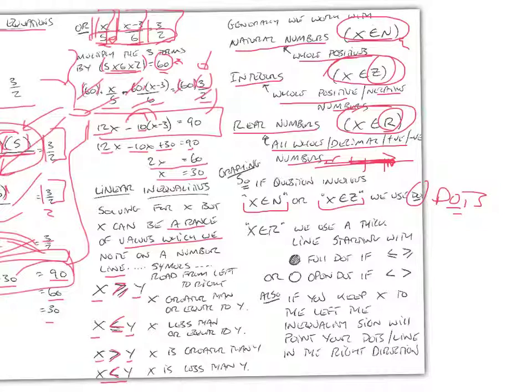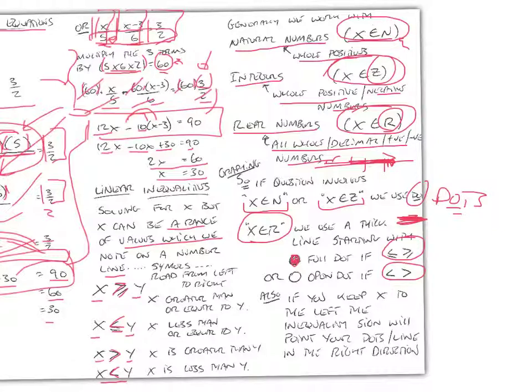If it says that x is a real number from the set of real numbers, then we're going to use a really thick line. That line's going to start with either a full dot if there's a less than or equals to or a greater than or equals to symbol in the question, or an open dot if it's a greater than or less than symbol in the question. These are just little rules we'll do by example and they'll all come together for you hopefully.